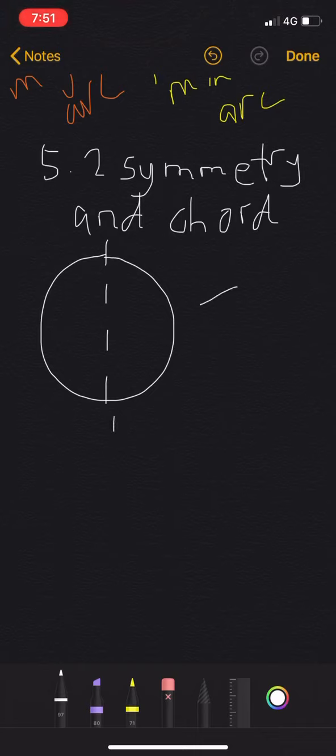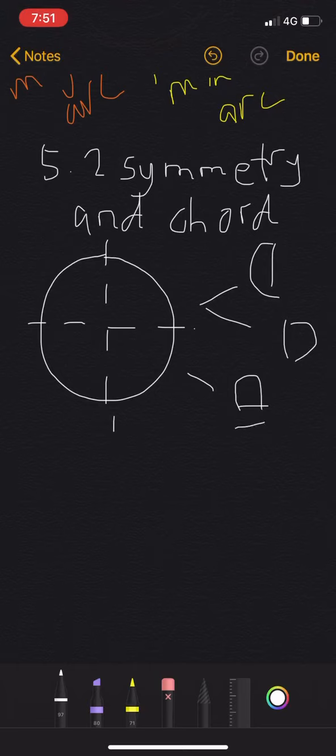So kalau awak ada this one, let's say the dotted line tu is the line of symmetry, axis of symmetry. So nanti awak punya bulatan akan jadi two equal parts like this, right? If I cut this one like this, dia akan jadi this one and this one.